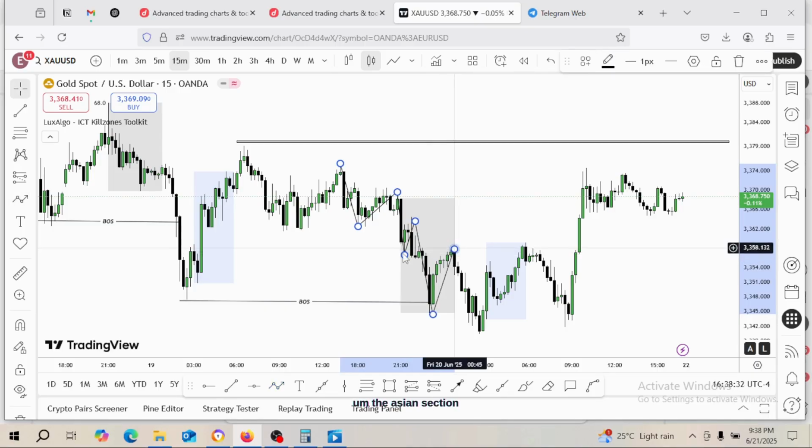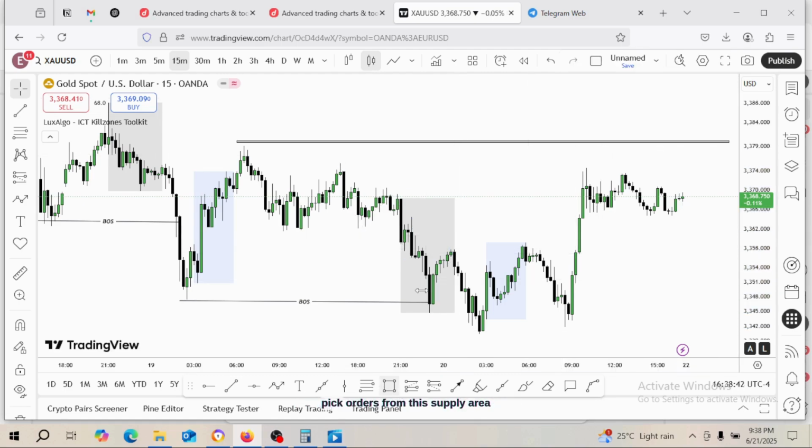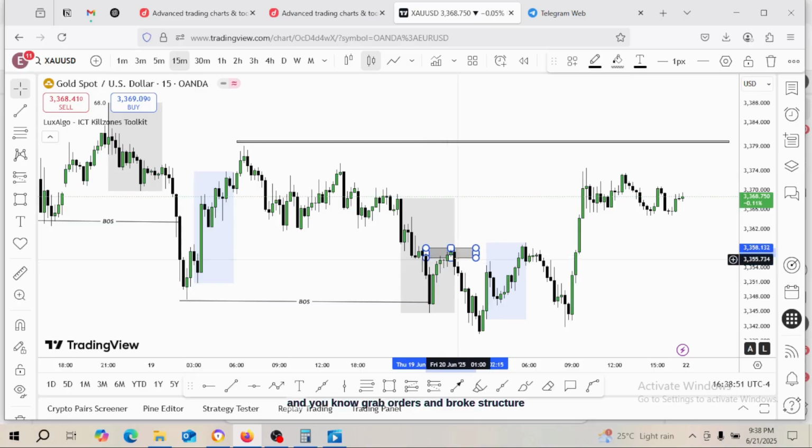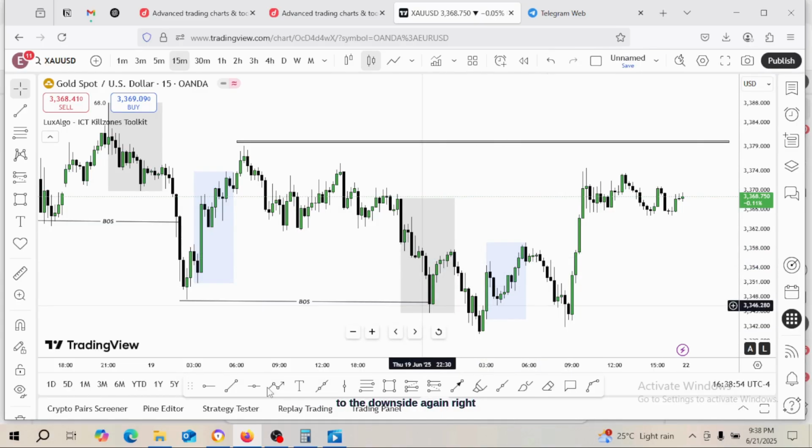We're having this structure to the downside. So the Asian session created the last internal bearish structure. I was waiting for price to come and pick orders from this supply area, right? So price came to the supply area, grabbed orders, and broke structure to the downside again.